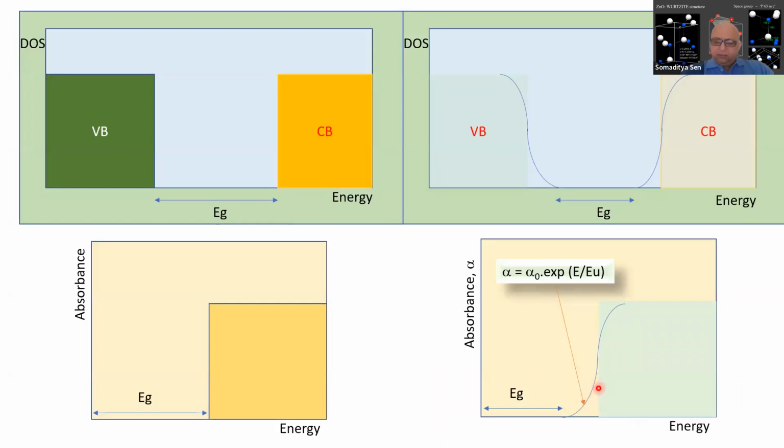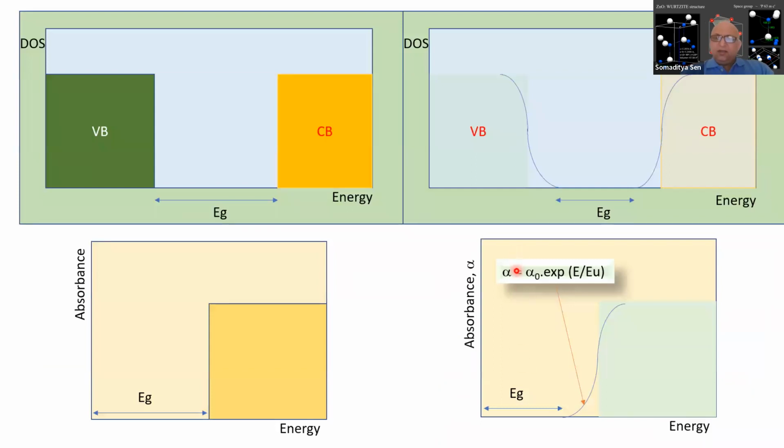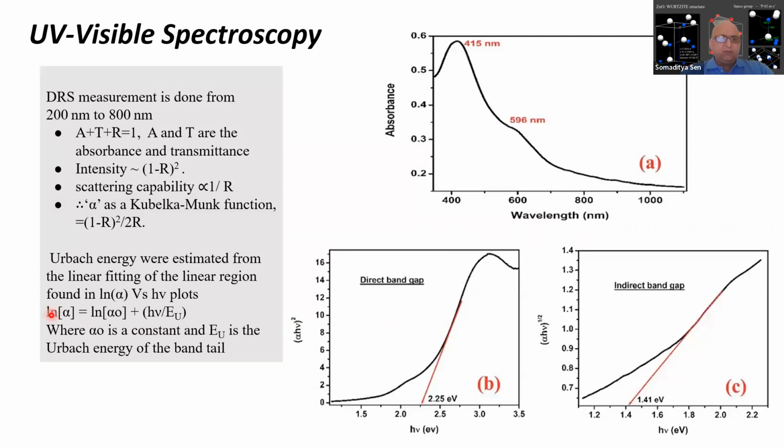Okay. Now, from this equation, alpha, if we take log of both sides, you can arrive at this equation. And this is a straight line equation. If you plot log alpha and h nu, then you will find that it has a slope which is equivalent to the Urbach energy.